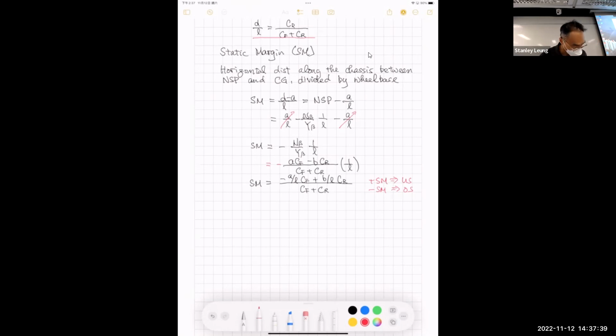How are they related? Remember K equals M over L minus N bar over Y bar, and delta minus N bar over Y bar times Y delta. This is what we had last week.